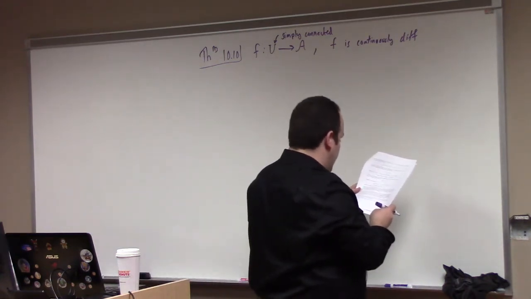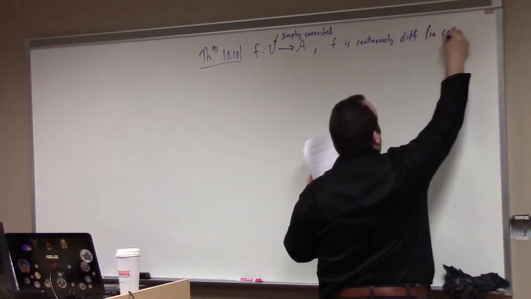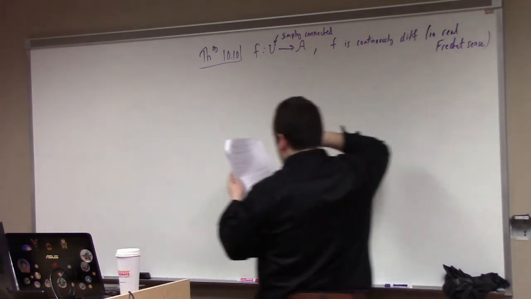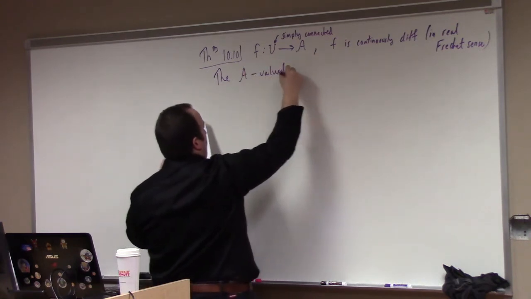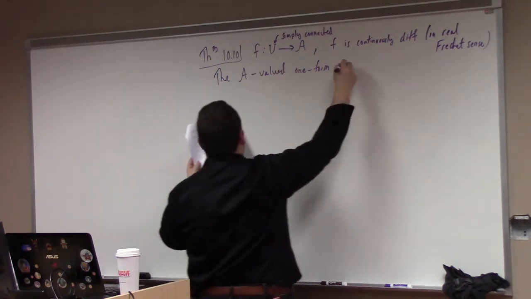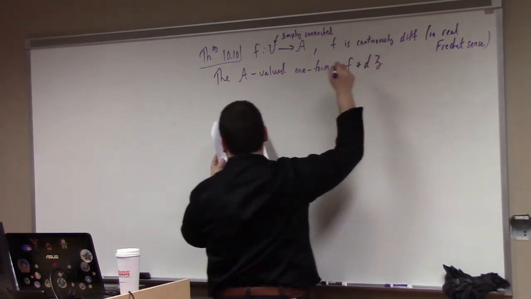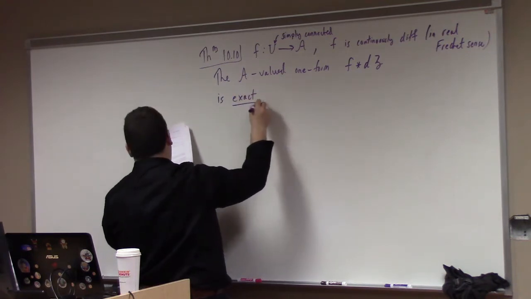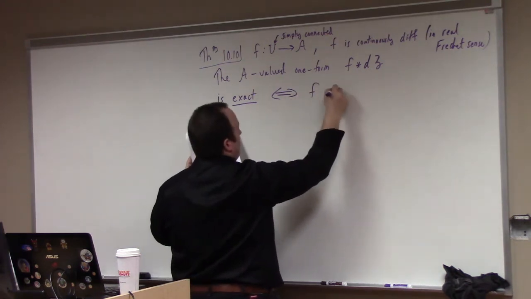Anyway, I'm going to assume that f is continuously differentiable in the real Fréchet sense. All right. Then the A-valued 1-form f d zeta is exact if and only if f is differentiable.